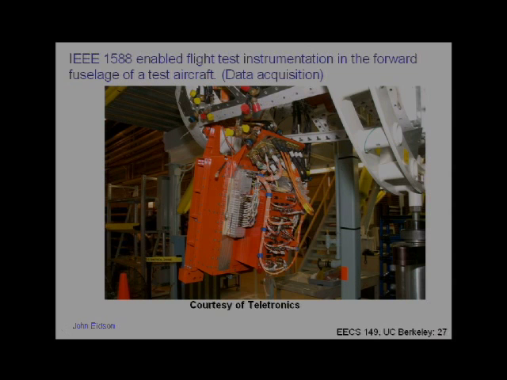So they need to know what are the events that happened at different nodes on the plane at a certain time point, right? And for that, they need to get accurate timestamps of the different events, and they get that through 1588. I've already talked about cellular backhaul. That's another application.